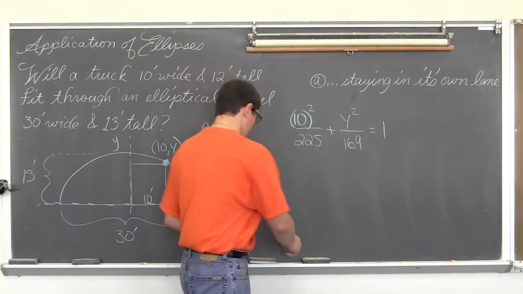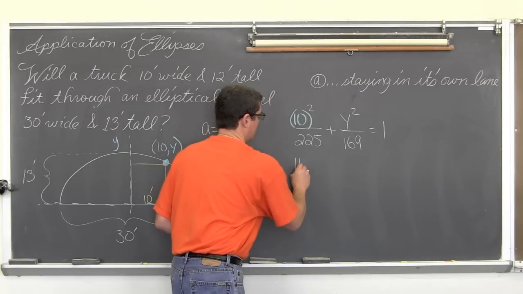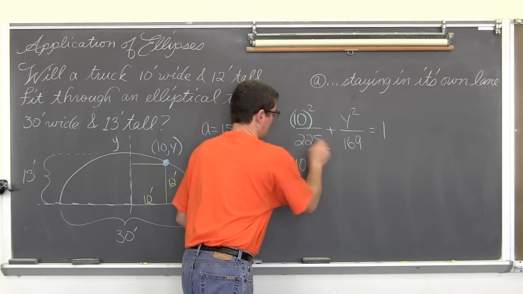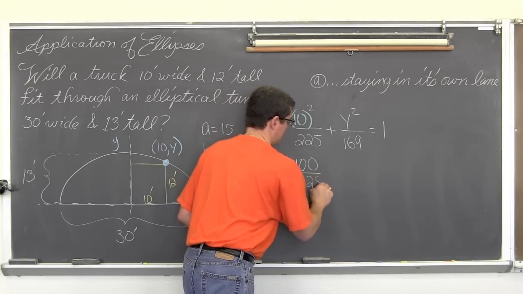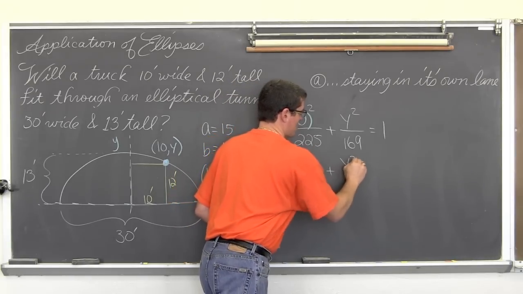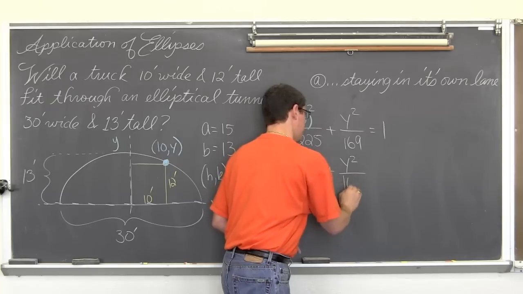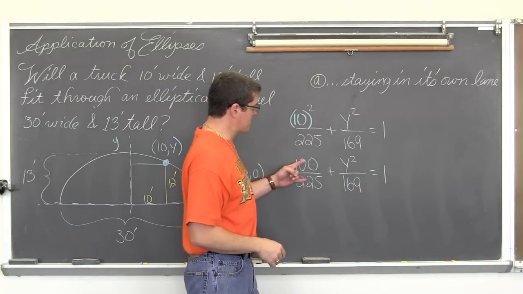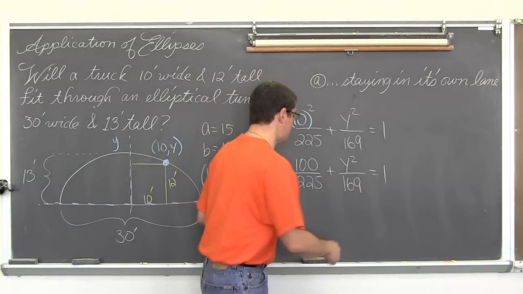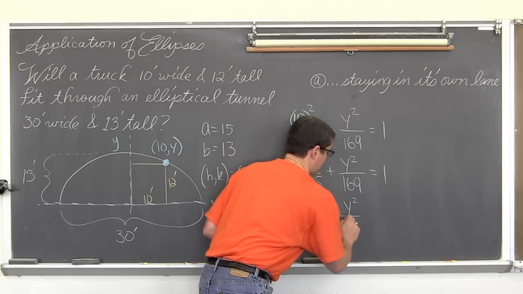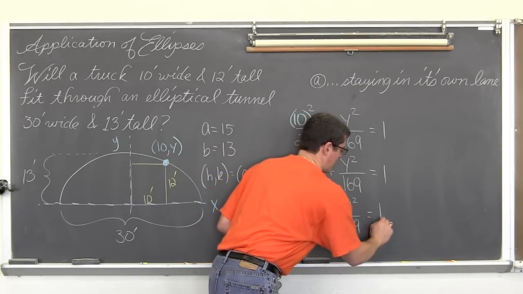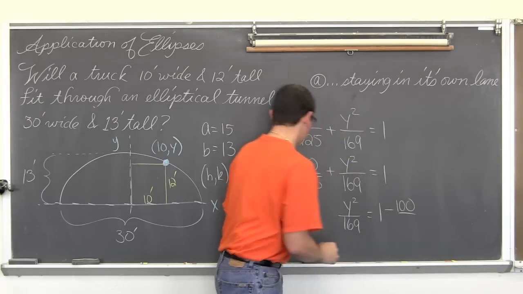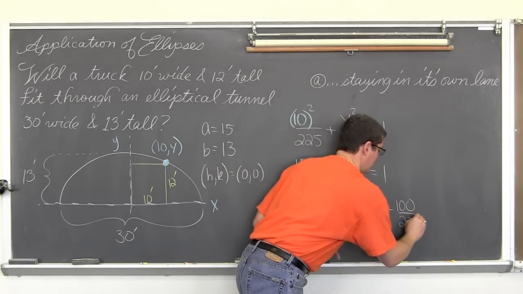This is going to be 100 over 225 plus y squared over 169 equals 1. This 100 over 225 is going to get subtracted from both sides. We have y squared over 169 equals 1 minus 100 over 225.